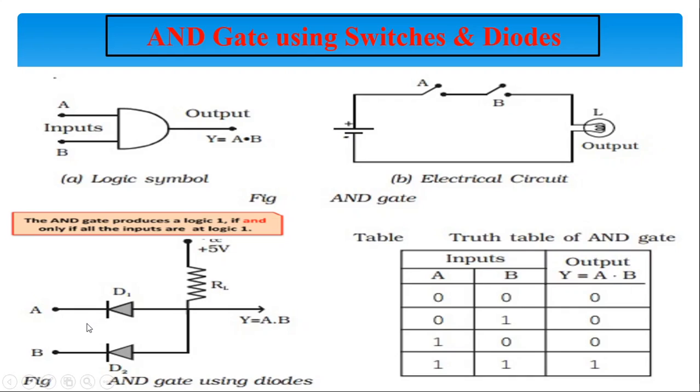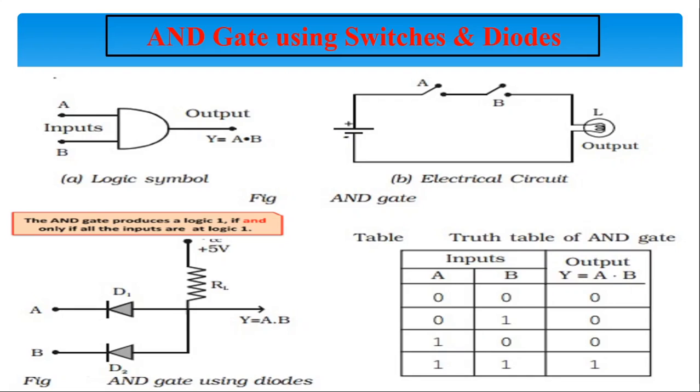Then the second case is A equal to 0 and B equal to 1. When A is equal to 0 and B is equal to 1, then diode D1 will go into forward bias condition. That means diode D1 is in conducting state and hence acts as a closed switch.